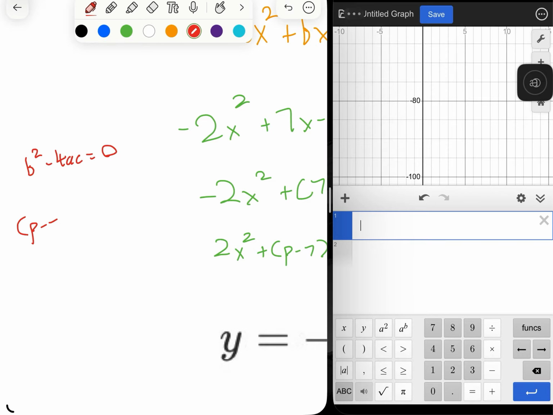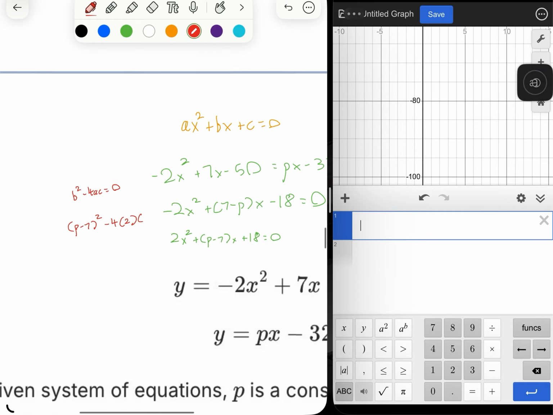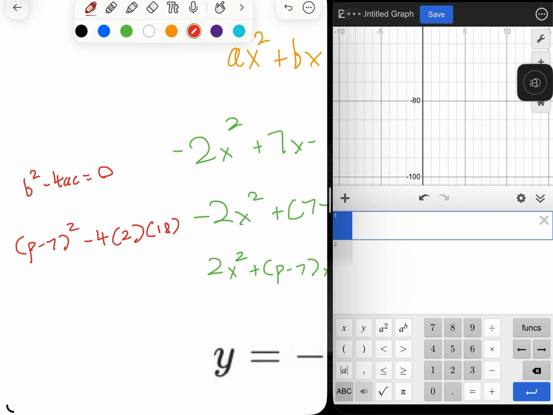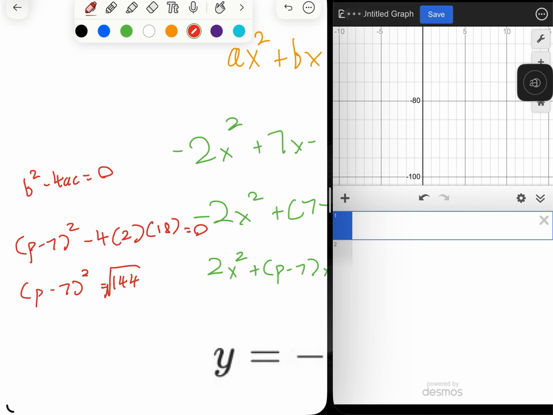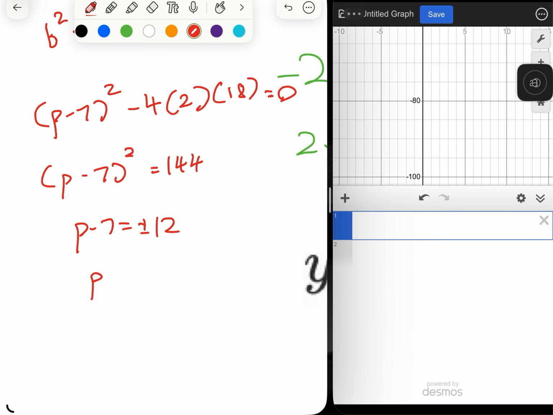So you have p minus 7 squared minus 4 times a, and then c is 18, and this all equals 0. Now you have p minus 7 squared equals 144, and then p minus 7 equals plus or minus. Don't forget that plus or minus when you're taking the square root. So the two values for p are 19 and -5.